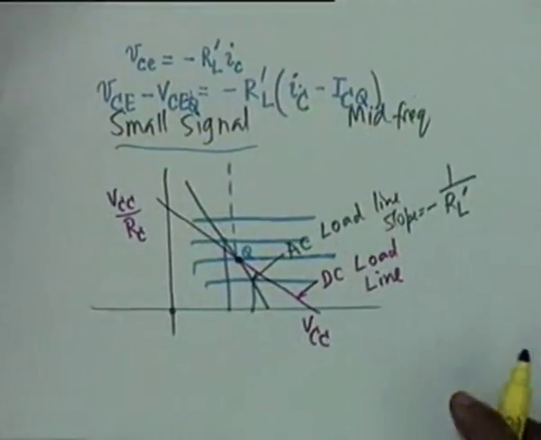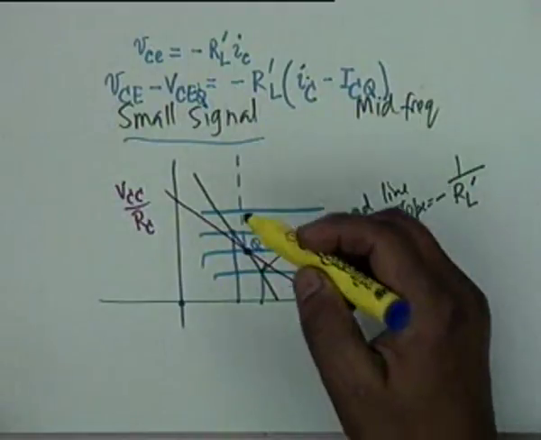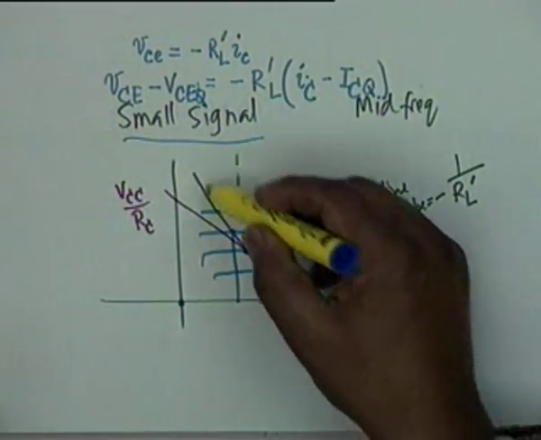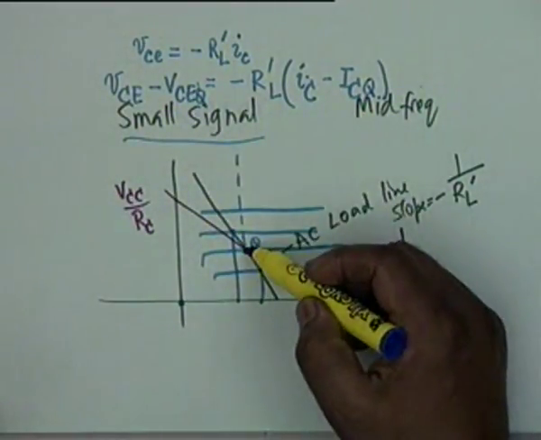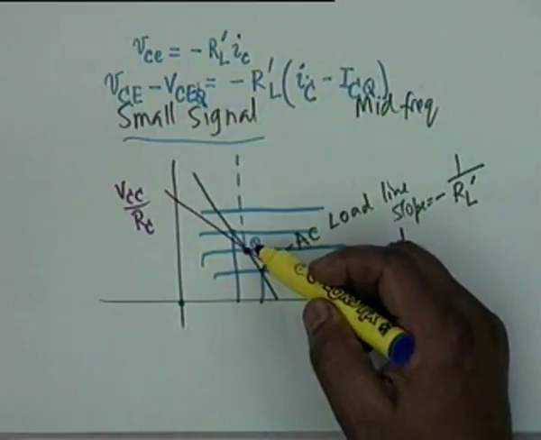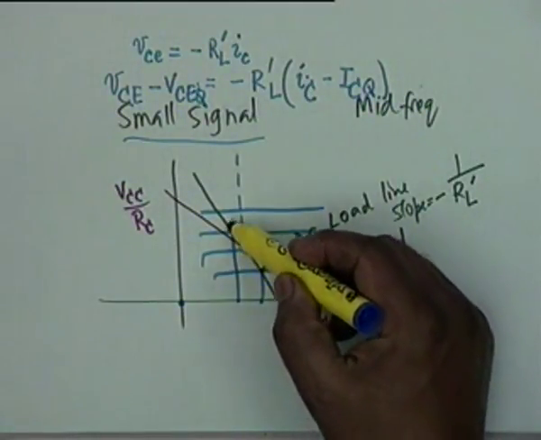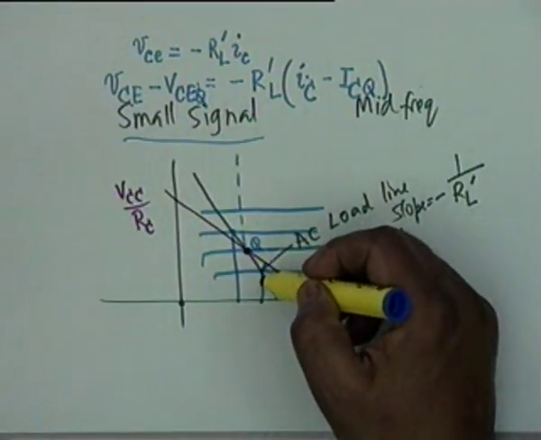So the point is, we are talking of AC operation. AC operation is confined to this AC load line, the green line, and since the excursion of base current, which is the exciting signal, would be small, it would either go up on the green line or go down on the green line.